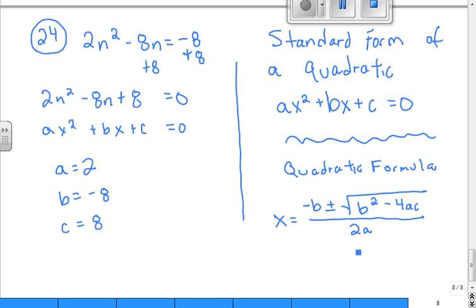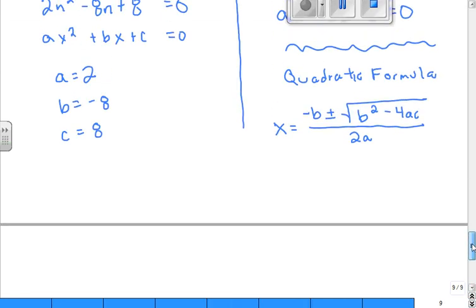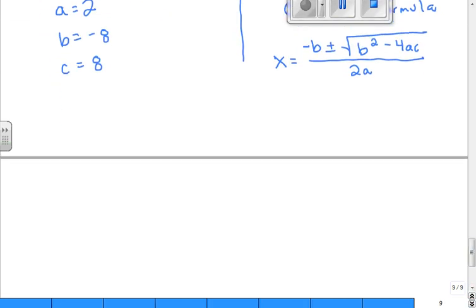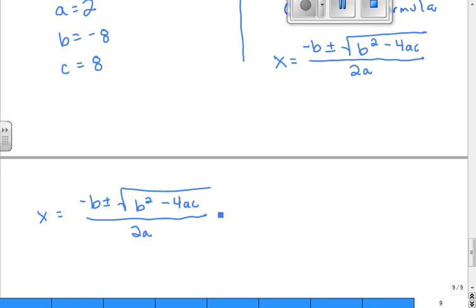So I'm going to plug that into the quadratic formula. So I've got x equals negative b plus or minus the square root of b squared minus 4ac all over 2a.